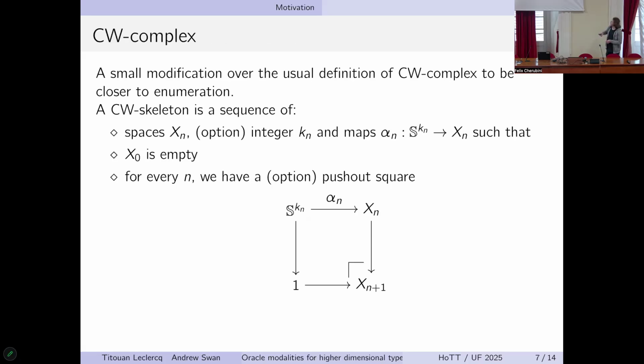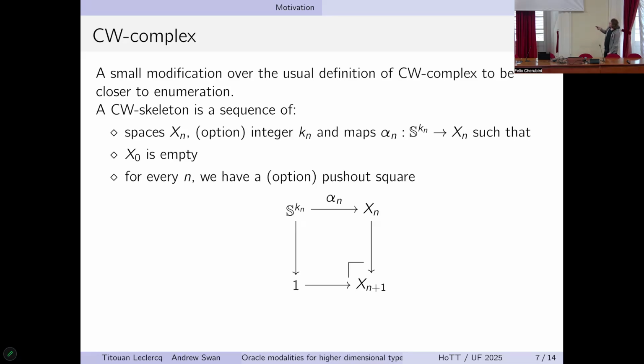So this is a quick reminder of what a CW complex is. We changed the definition a bit because it's easier to talk about CW complexes in a way where we add only one sphere at a time, but we can choose the dimension of the sphere for enumeration reasons.